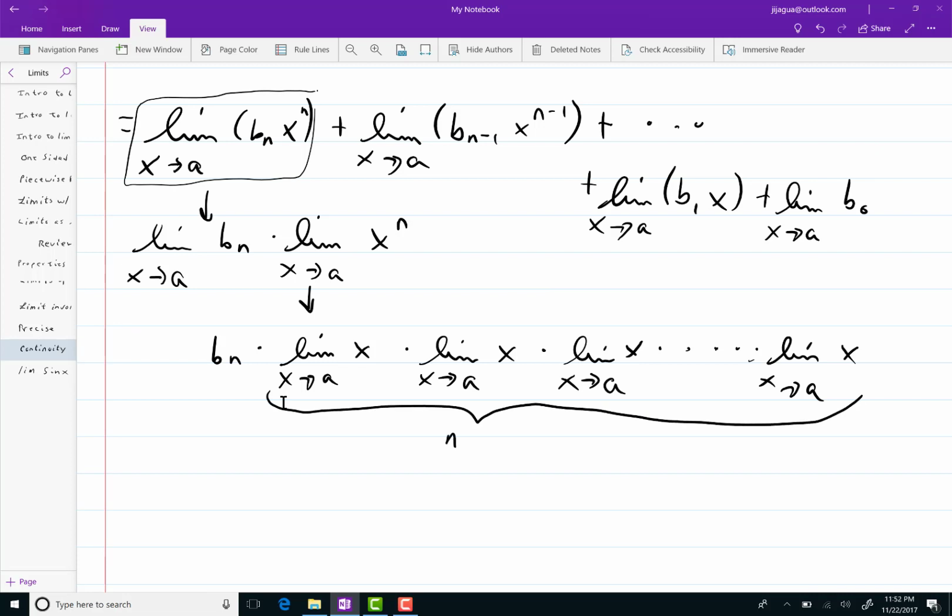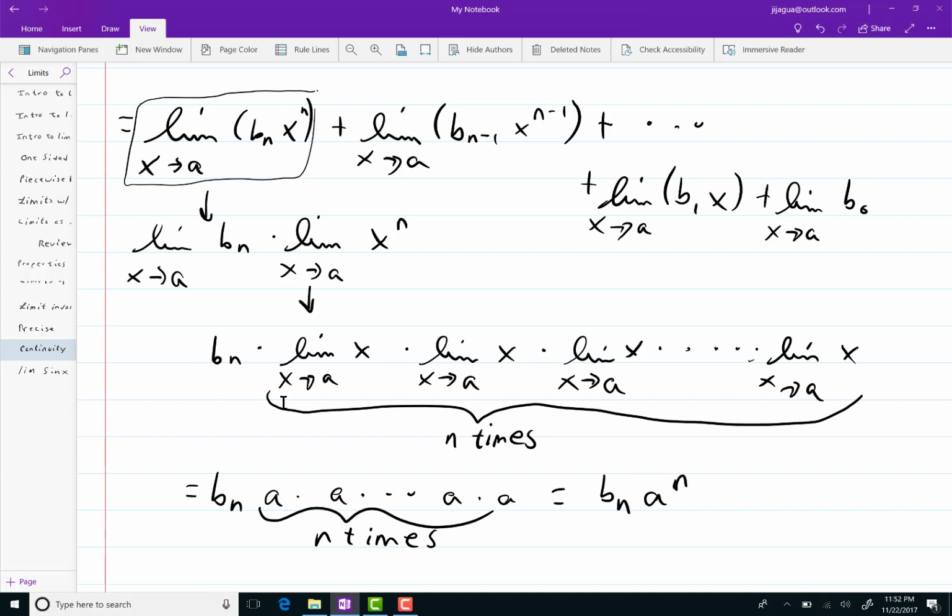But that just equals b_n, a times a times a times a, n times, which equals b_n a^n.